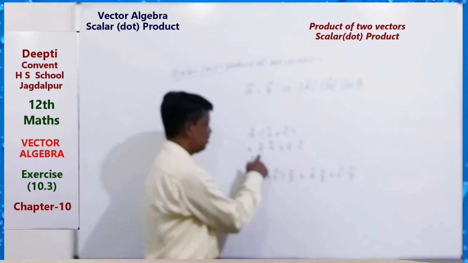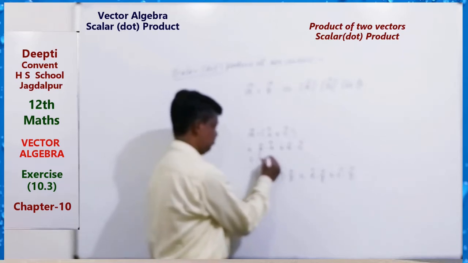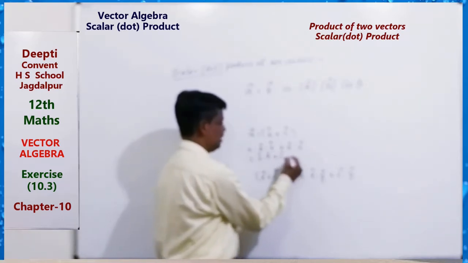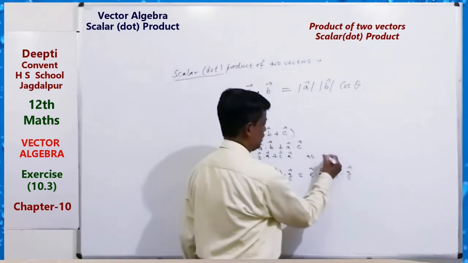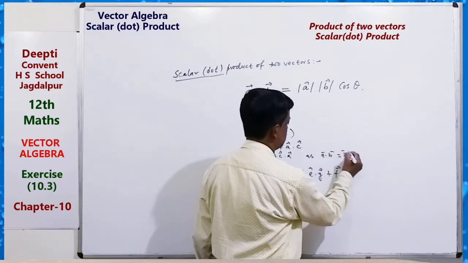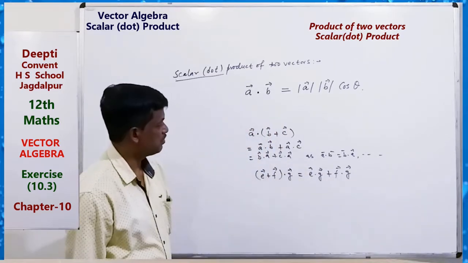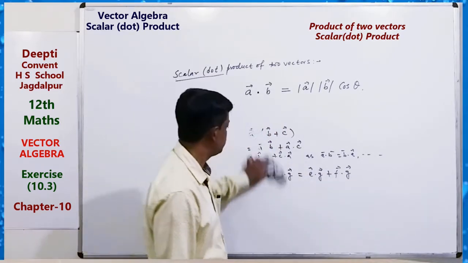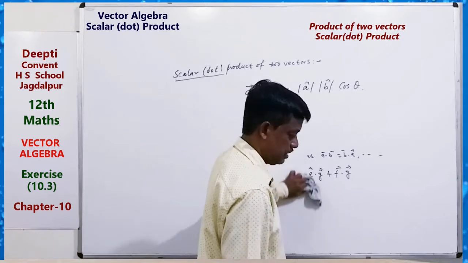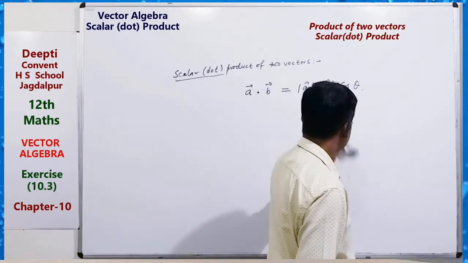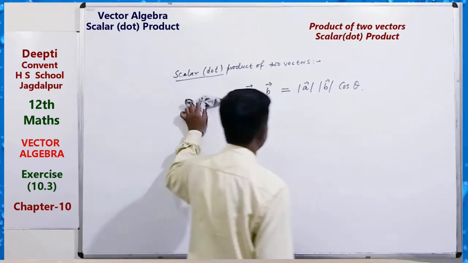You can write a dot b or also b dot a, as a dot b equals b dot a, etc. Okay, so remember this distributive law also holds for the dot product. Clear?